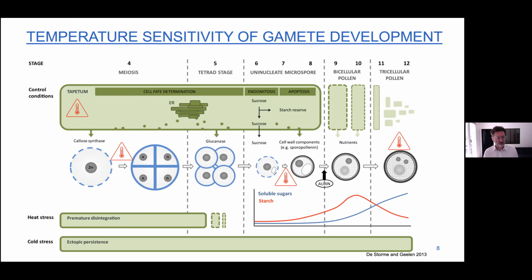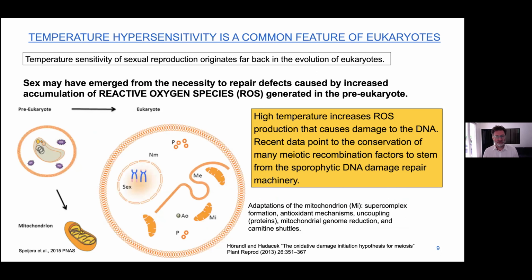So that leaves us with the sensitivity of meiosis to heat stress. So why would meiosis be hypersensitive to high temperature? What we know is that reproduction in eukaryotes, sexual reproduction in eukaryotes, is in general hypersensitive to high temperature.